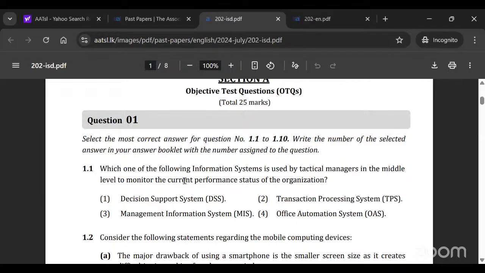DSS is top level management, MIS middle level management, TPS bottom level. OAS is not actually one single information system, it is a collection of systems like spreadsheets, presentations, word processing, communication tools, email, right? Then OAS forms including all these.